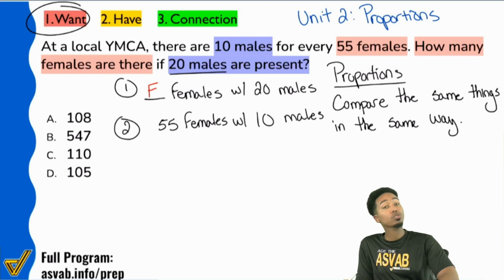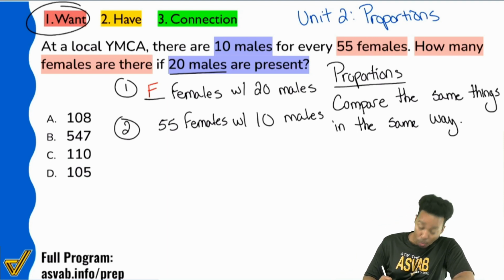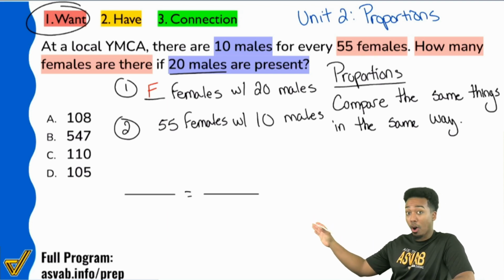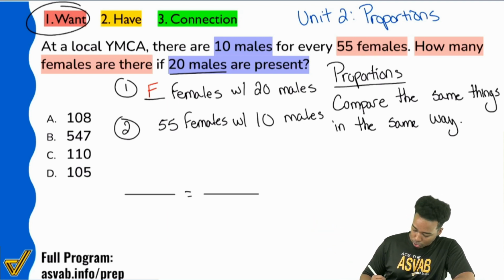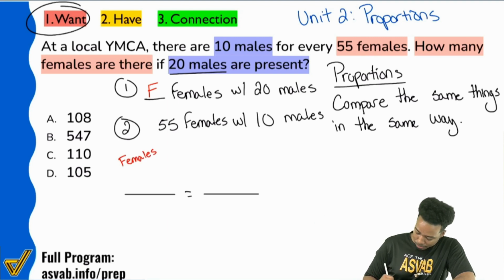So here's where that matters, everybody. When we set up our proportion, what I am going to do is this. I'm going to make absolutely sure that the comparison I'm making, again, fractions are comparisons. I am making sure that I'm going to be putting females up top and males on bottom. Because over here, I'm looking for the F females.